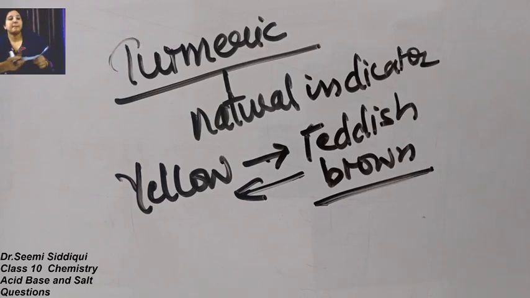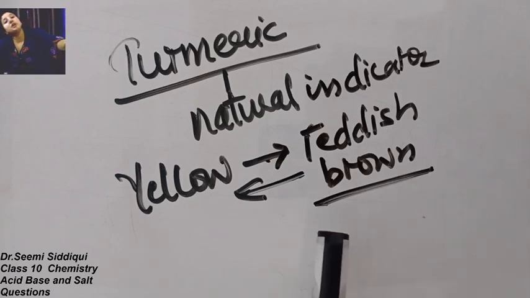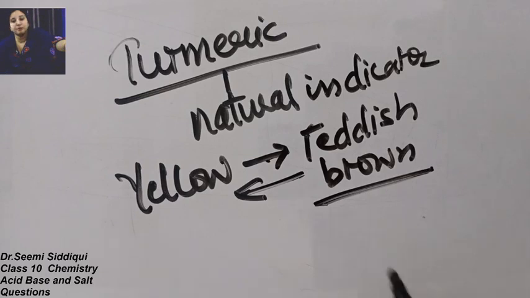Again I am repeating, in the curry there is turmeric, a natural indicator. When you rub your shirt with soap, which is basic in nature, the yellow changes into reddish brown. When you wash it with plenty of water, the soap washes off, and the reddish brown color changes into yellow again. Got it?